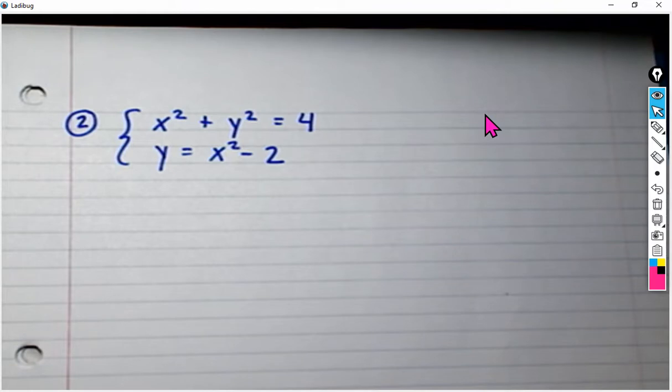Can you solve for x or y in the first equation? Kind of funky because it's got some squares there. Could I solve for x or y in the second equation? Yeah, it looks like y is already isolated. Okay, don't do it yet. I gotta show you something.